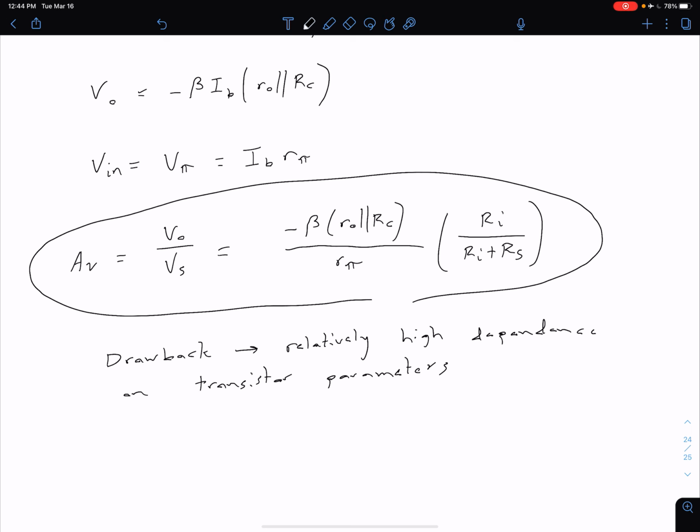And of course the transistor parameters I'm referring to are the beta and the R pi. Our R0 is here as well. Depending on the RC value, that might or might not be as significant, but primarily we're concerned about dependence on the beta as well as our R pi value. And so ideally we would want AV to be completely independent of these component variations.